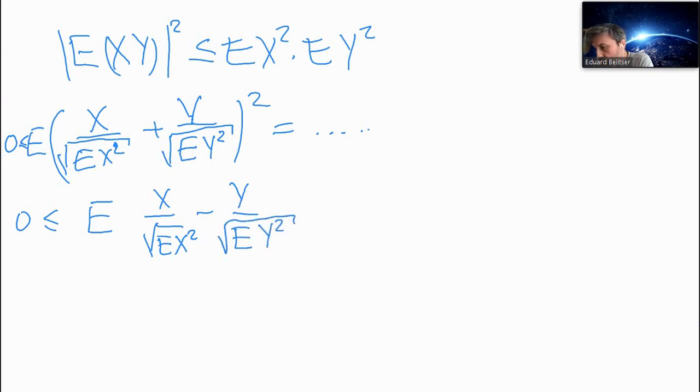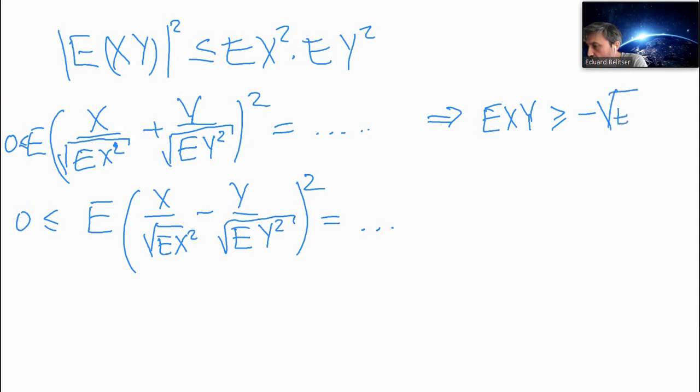Some people say, why do I need this? Well, you don't really, but it's good to know. Then you work this out, and from here you should conclude that the expectation of xy is bigger or equal than minus the square root of the expectation of x squared times the expectation of y squared.